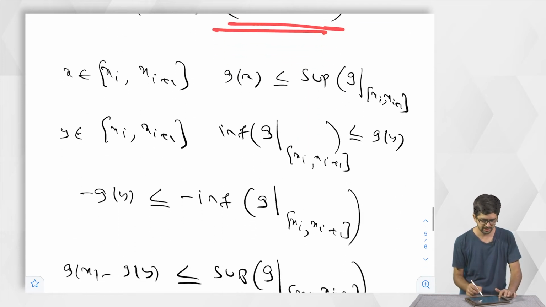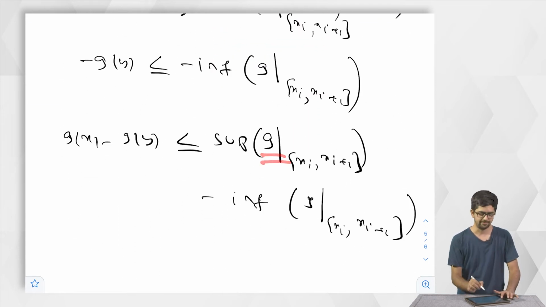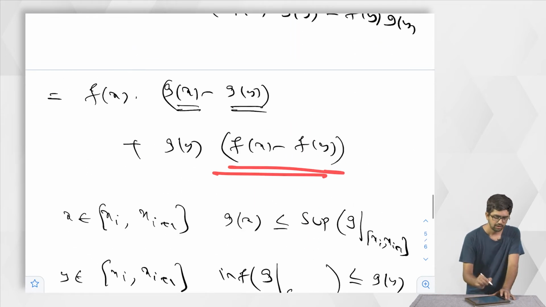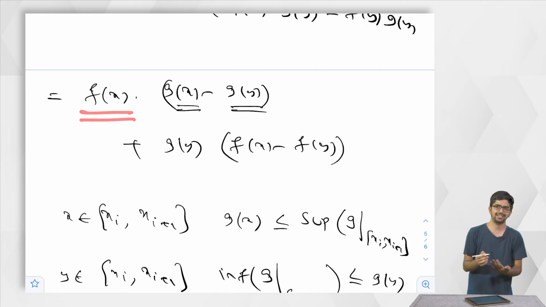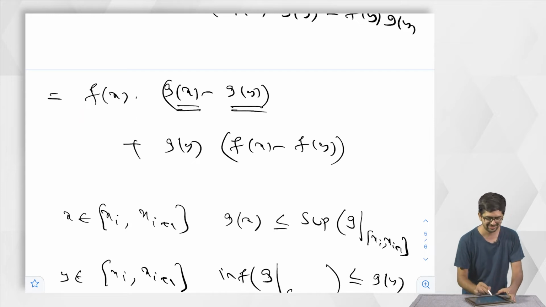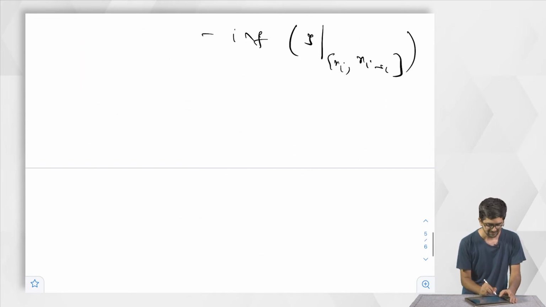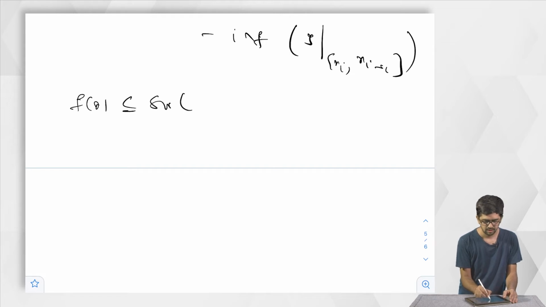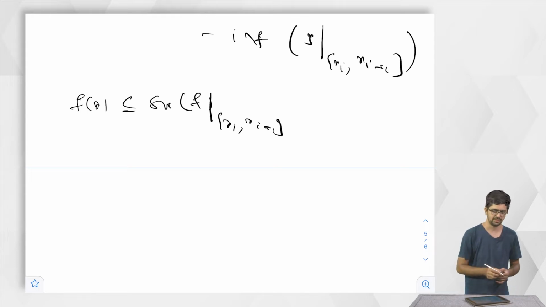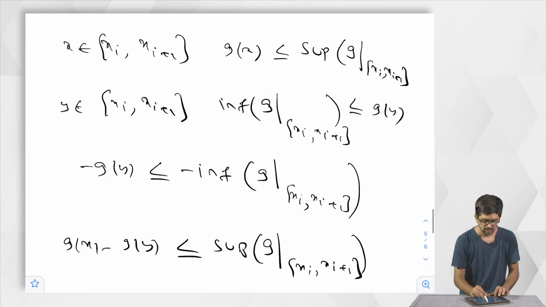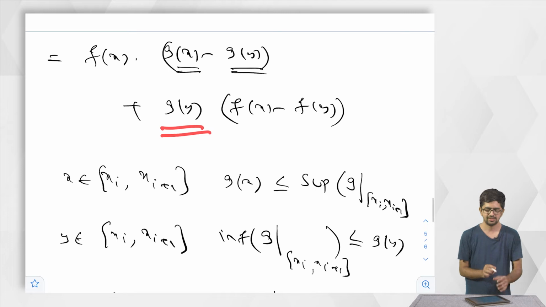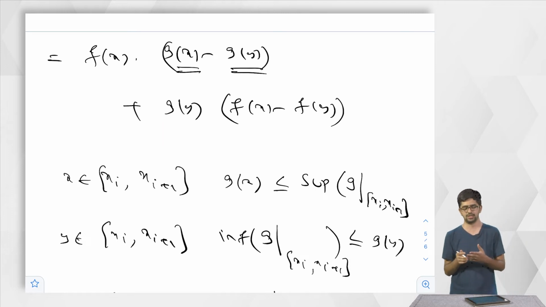All I need to do is change g and put f. Now f(x) is less than or equal to the supremum of f, there is nothing surprising. So f(x) is less than or equal to the supremum of f restricted to again x_{i+1}, or maybe on the whole f, it does not really matter. Similarly g(y) is less than or equal to the supremum of g.